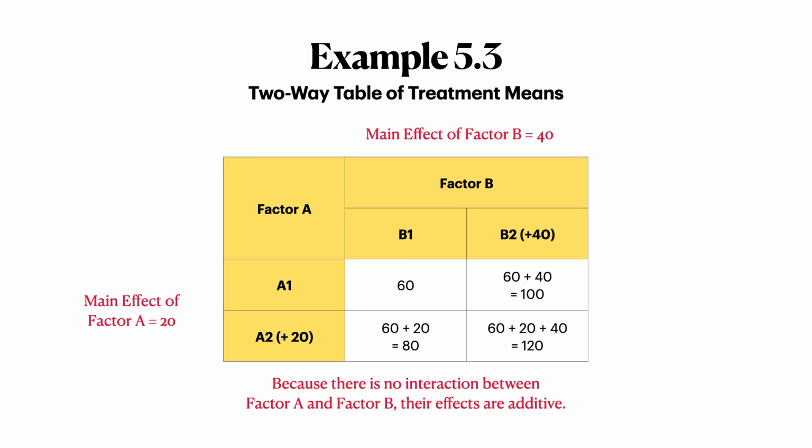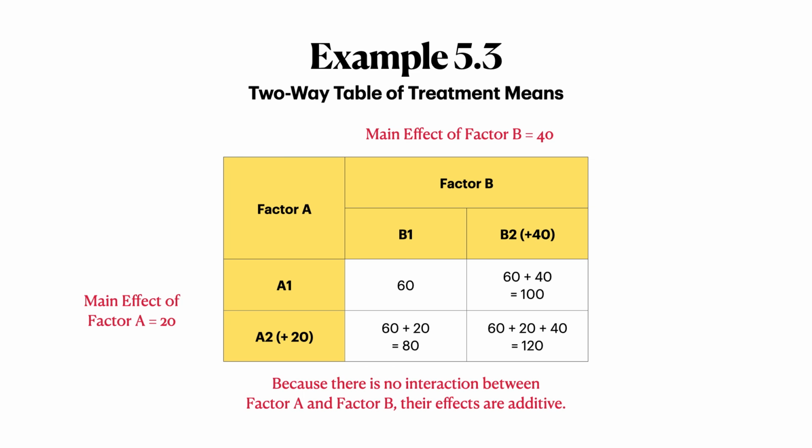and we've also determined that there's no interaction between the two factors. Now, because of that, their effects ought to be additive. And in fact, that's demonstrated in the cells of this table. So starting off at the cell for treatment combination A1B1, the treatment combination mean is 60.